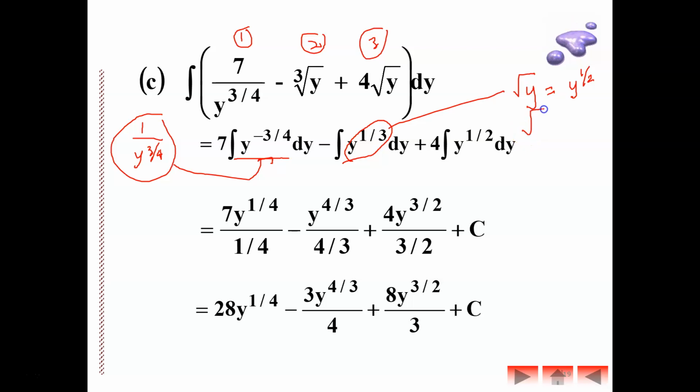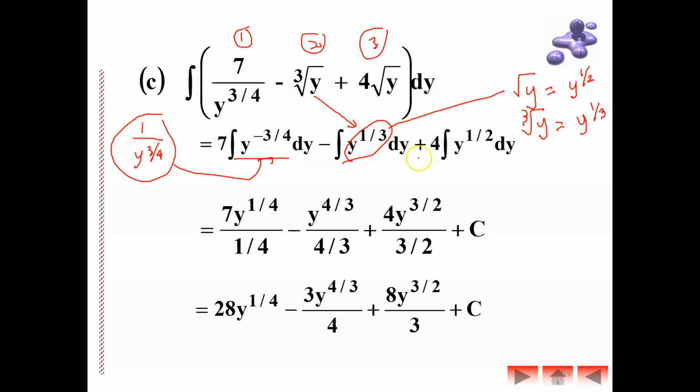If we have cube root of y, so 3, it will become y to the power of 1 over 3. The formula is the same. For square root of y, it becomes y to the power of half. For cube root, it becomes like this. Okay, this is this.